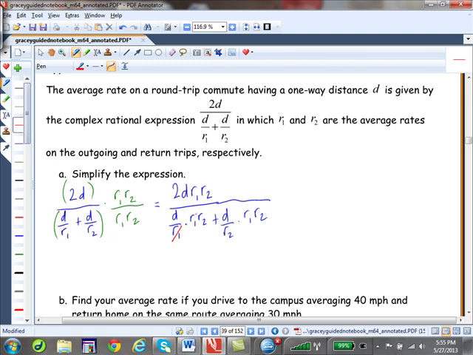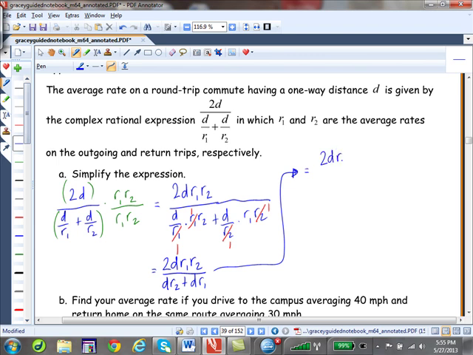So on this one, the r1's divide out to be 1, and on the second one, the r2's divide out to be 1. So we will have 2d r1 times r2 over d times r2 plus d times r1. Now what do you notice about that denominator? Exactly, we can factor out a d.